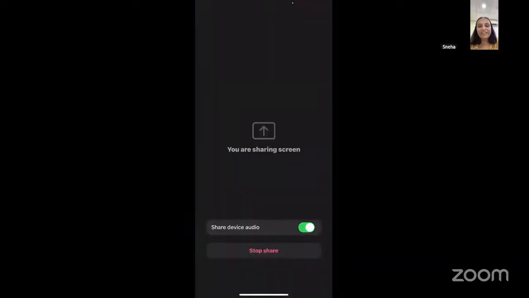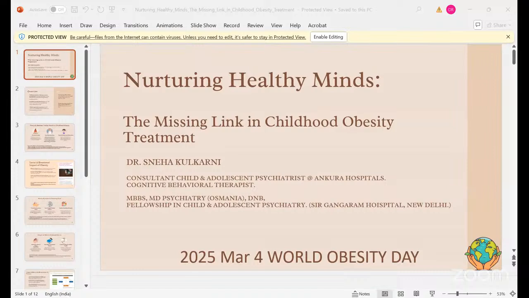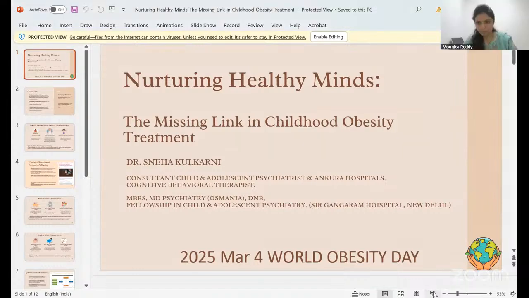Sneha, if we can tilt the mobile or something, then we can see. Ma'am, can you just share it instead? Yeah, Sneha, I'm trying again. One second, please. Now? Yes, now we can see. Good to go, ma'am.